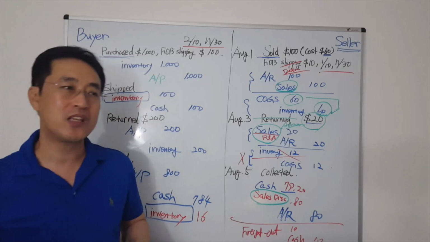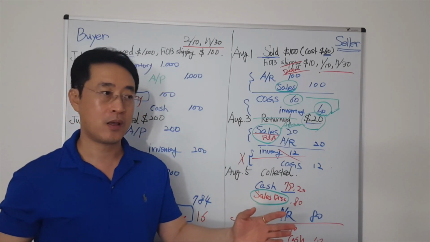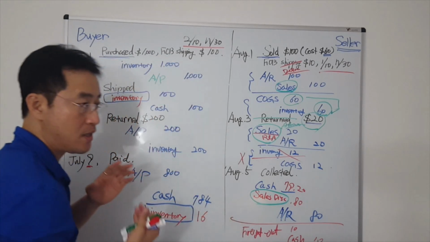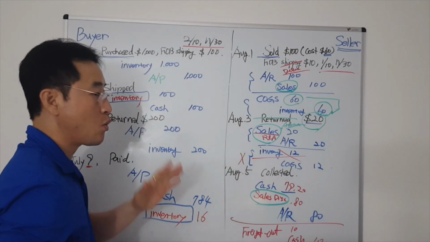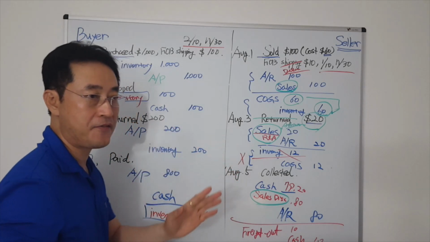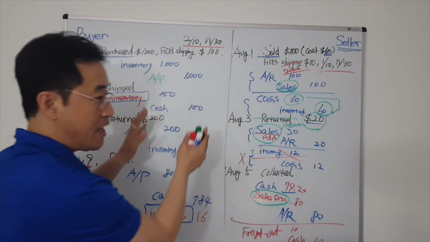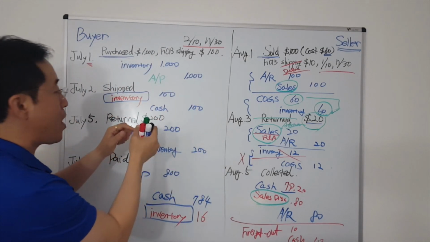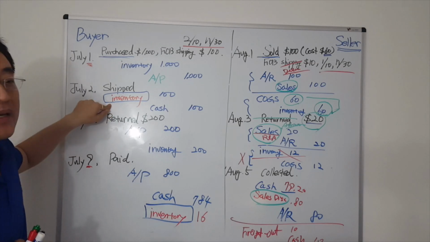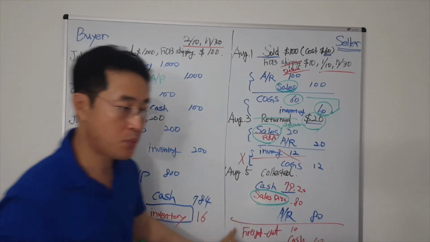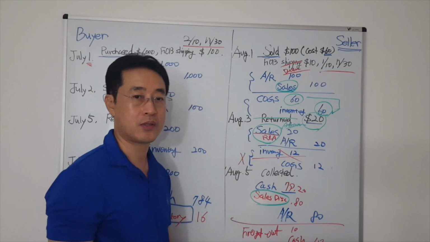That's why we need to understand the definition first. When we make decisions about recognition concepts in the future, we are going to stick with the definition first. So, freight charge when we pay as a buyer increases inventory. From the seller's point of view, when we need to pay, that's freight out, a selling cost.